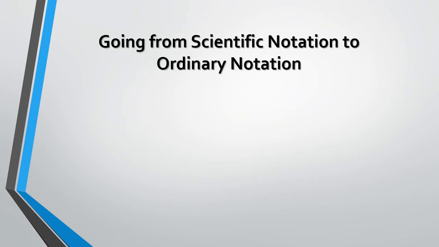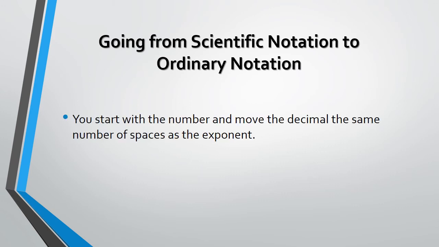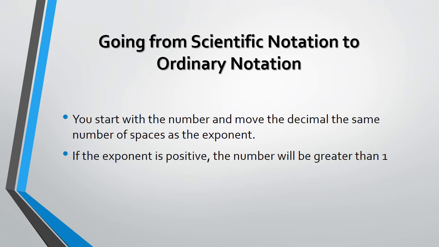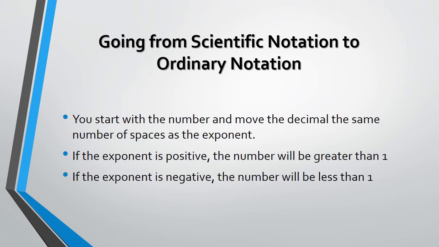Now, if you want to go from the scientific notation to ordinary or regular notation, it is exactly the opposite of what we did. You start with the number and move the decimal the same number of spaces as the exponent. Obviously, if the exponent is positive, the number is more than 1. If the exponent is negative, the number is less than 1.